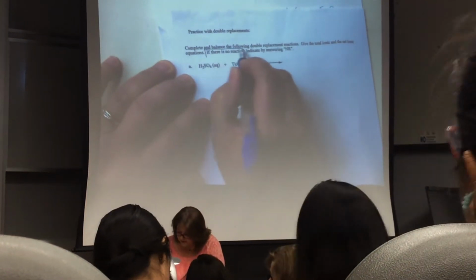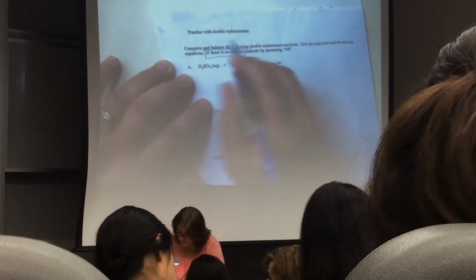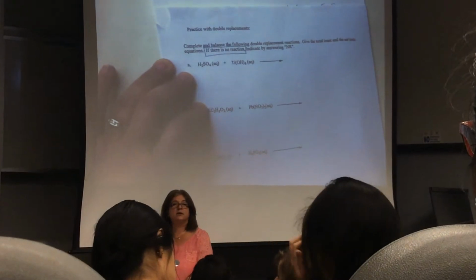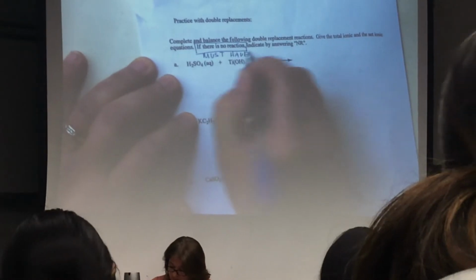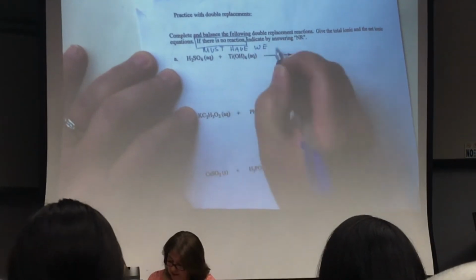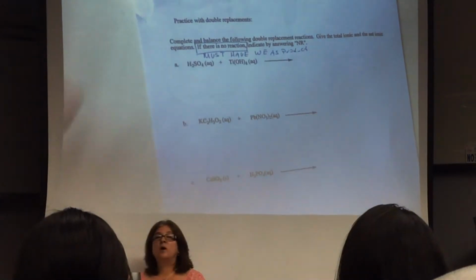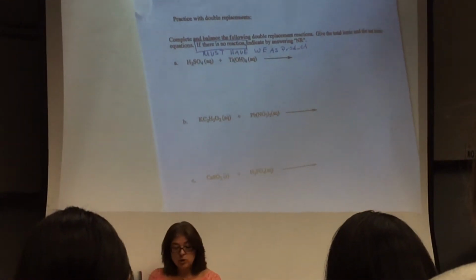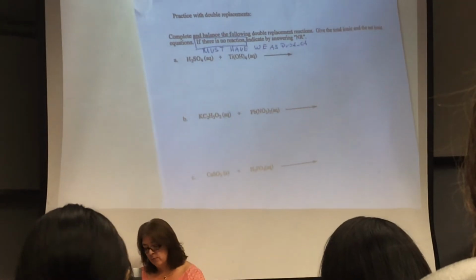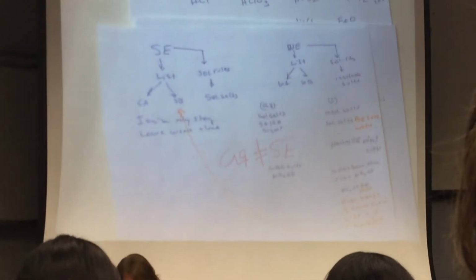In double replacement reactions, you absolutely must have a weak electrolyte as a product. That's why it's so important that you know your lists of weak electrolytes.